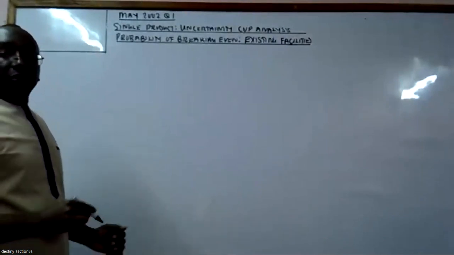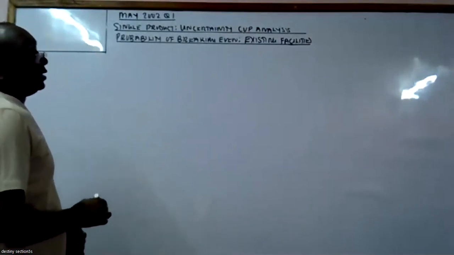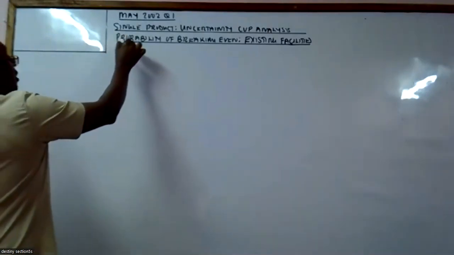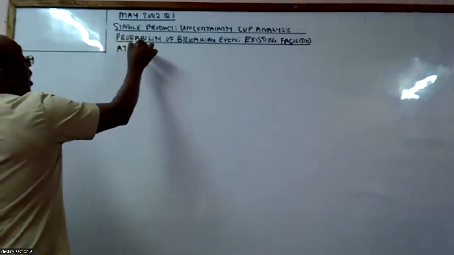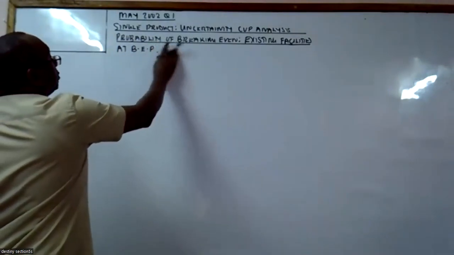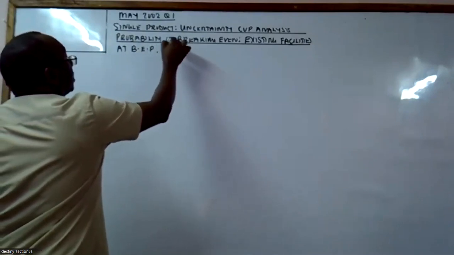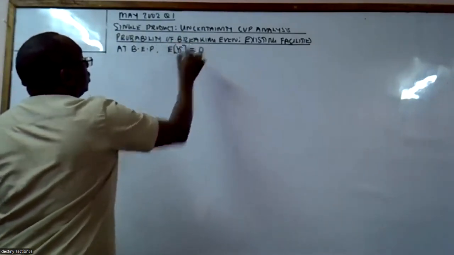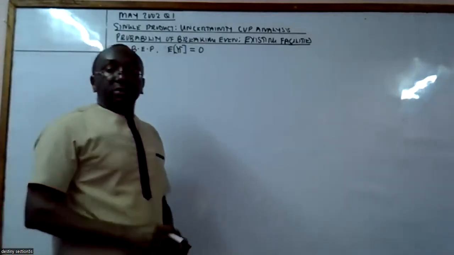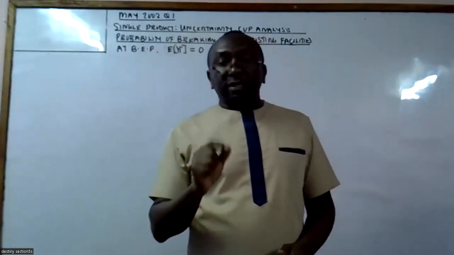Now, the first thing that you need to do is to say at break-even point, the expected profit should be equal to 0. You should know that. At break-even point, profit is equal to 0.